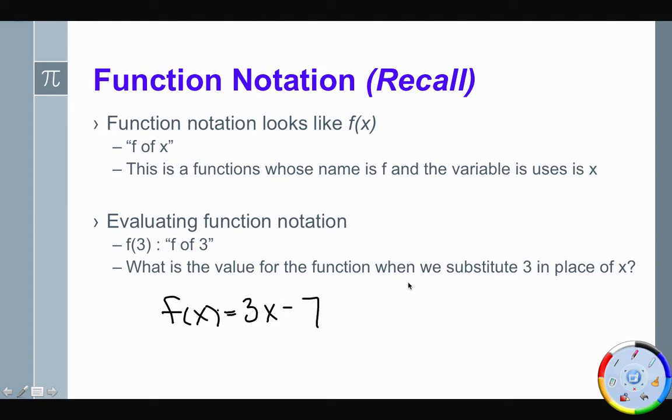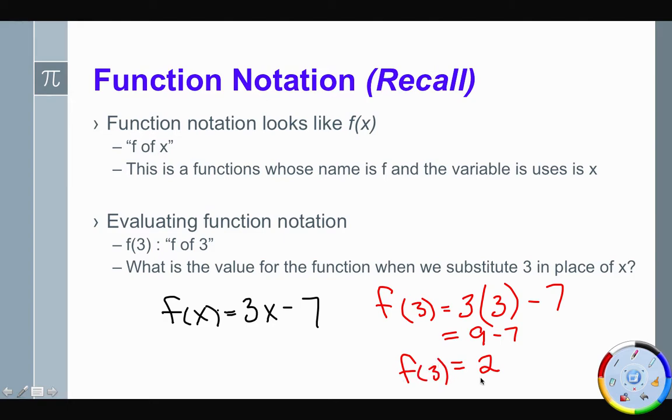We now have a function, 3x minus 7. This is function f. If we were to try to find f of 3, and we could find f of anything here, f of 3 says let's substitute 3 in place of x. So we get 3 times x, but in this case my x is a 3, minus 7. We get 9 minus 7, which is 2. That means f of 3 is equal to 2.